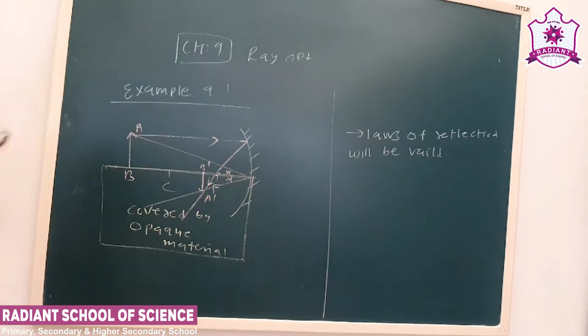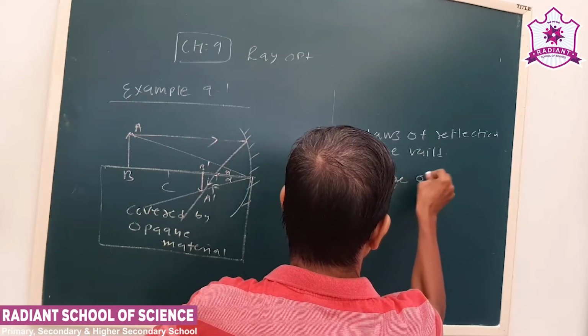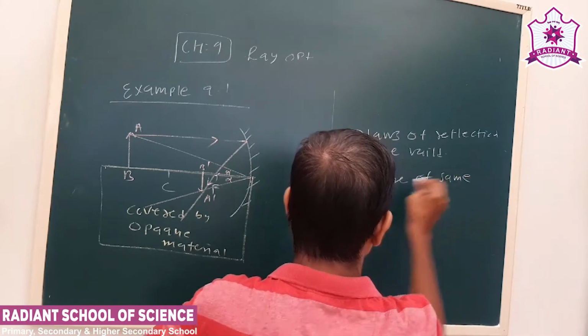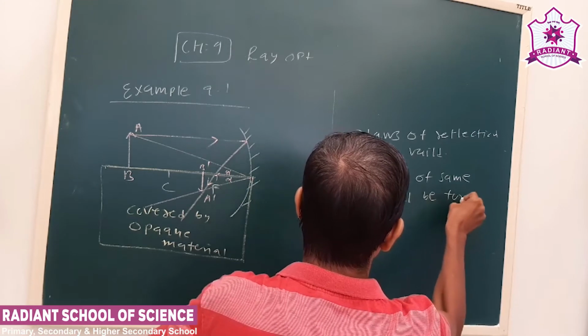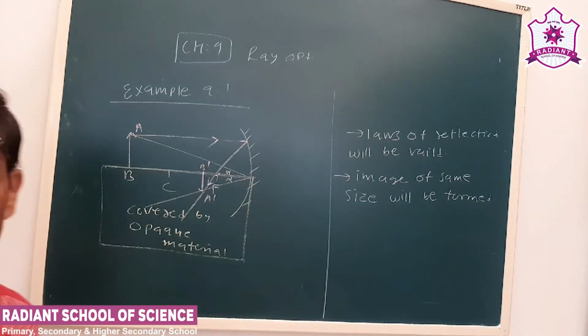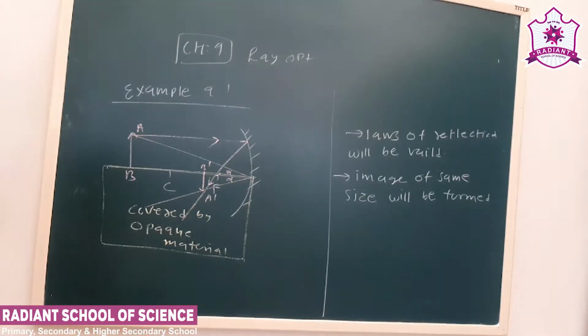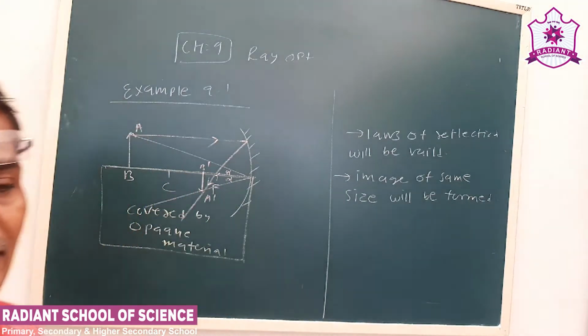Image will be formed of the same size. Why? You can extrapolate the rays to imagine or to assume that the image is formed. So image will be formed, but the part of the mirror on which the light is falling is reduced.